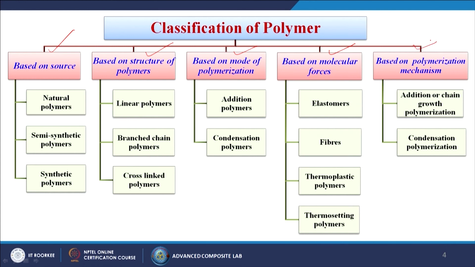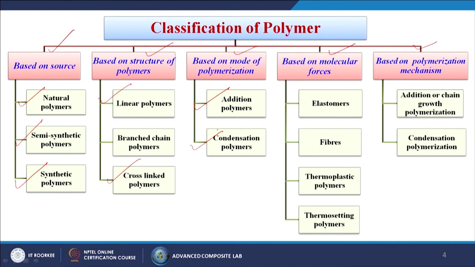First, based on source, it is divided into 3 parts: natural polymers, semi-synthetic polymers and synthetic polymers. When we talk about the structure of polymers, it is also divided into 3 parts: linear polymers, branched chain polymers and cross linked polymers. When we talk about how we prepare the polymers, that is the mode of polymerization, it is addition polymers and condensation polymers.